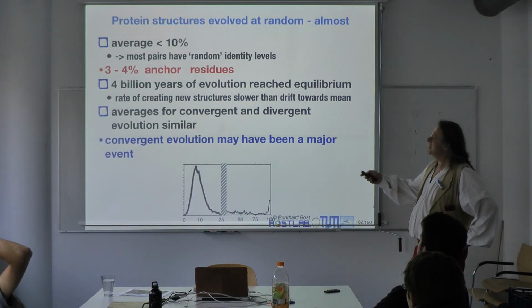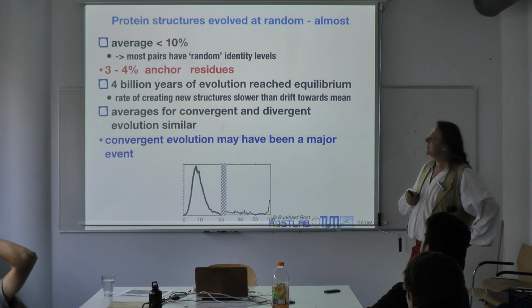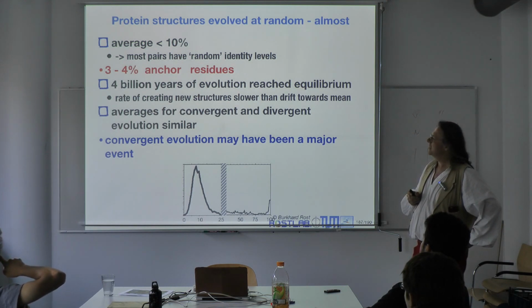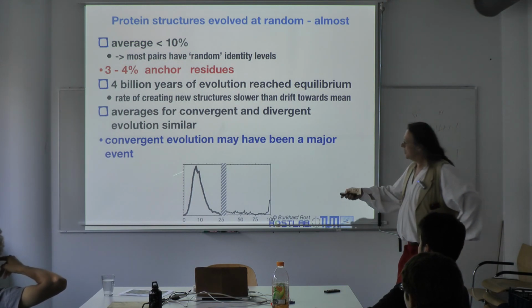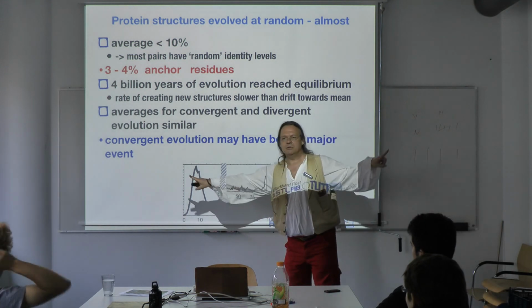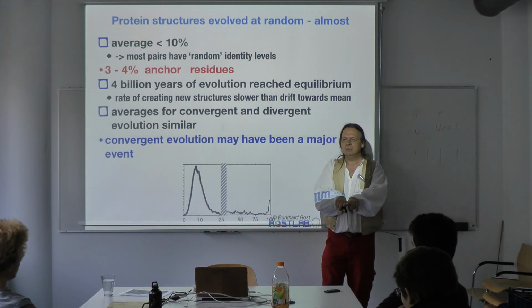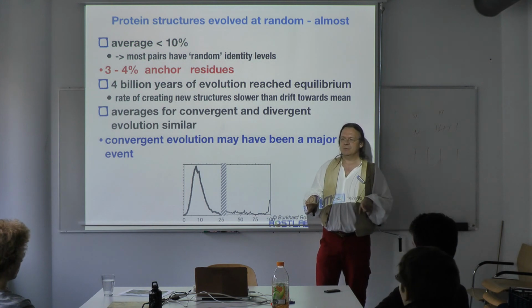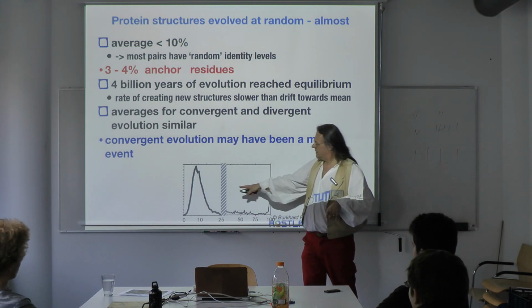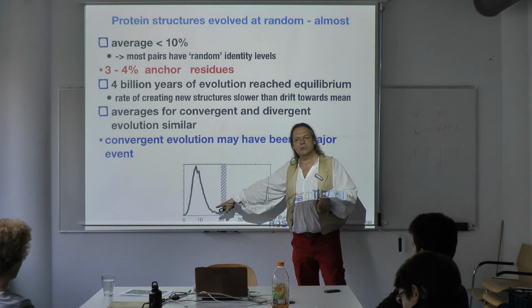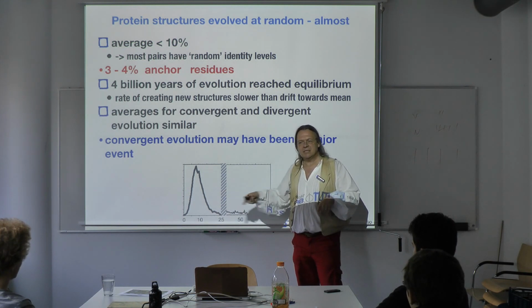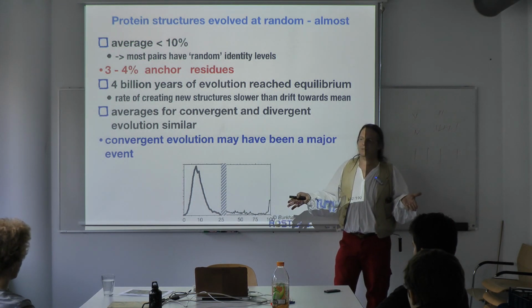Let's call them the anchor residues: 3 to 4% of all the residues are anchor residues. Now, the question is, could we come from that side? You have two proteins with absolutely no similarity in structure, and they suddenly evolve a similar structure. Well, since the peak is so close to random, that becomes an event that could have happened, right?